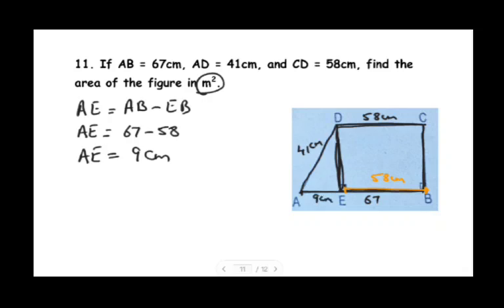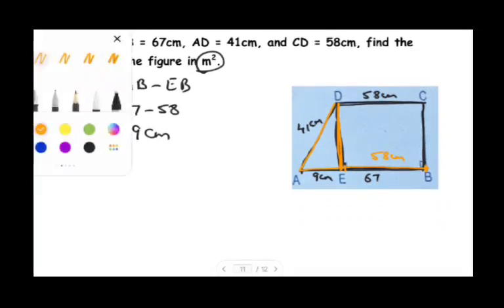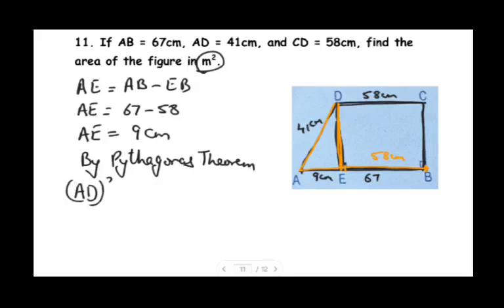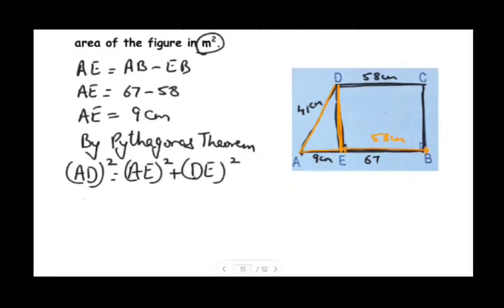So by Pythagoras theorem, children, I can find the perpendicular height of this triangle. Correct? Okay. So by Pythagoras theorem, AD square is equal to AE square plus DE square. AD is how much? 41 square is equal to AE is how much? Not 80, it's 81.